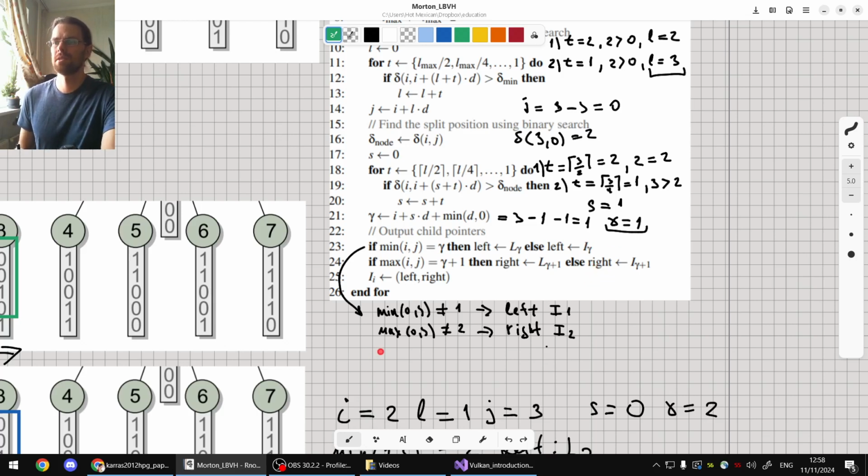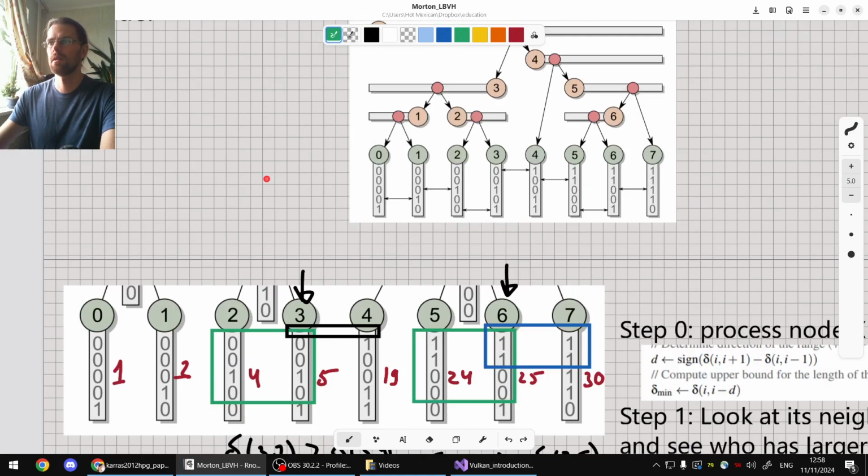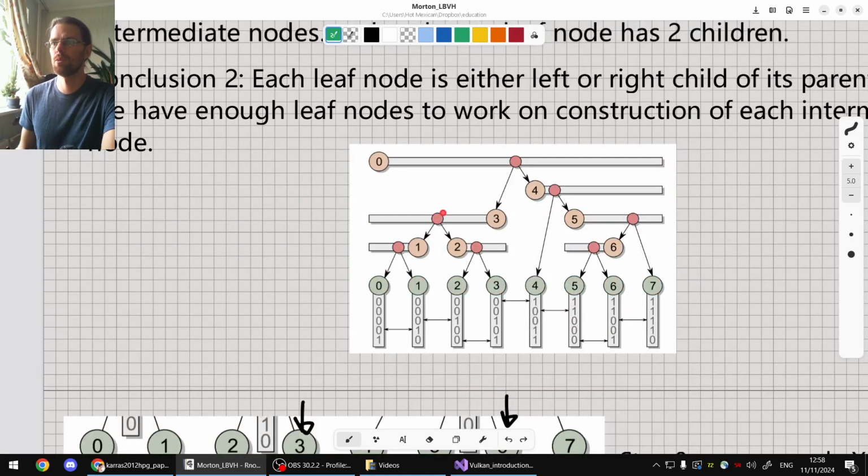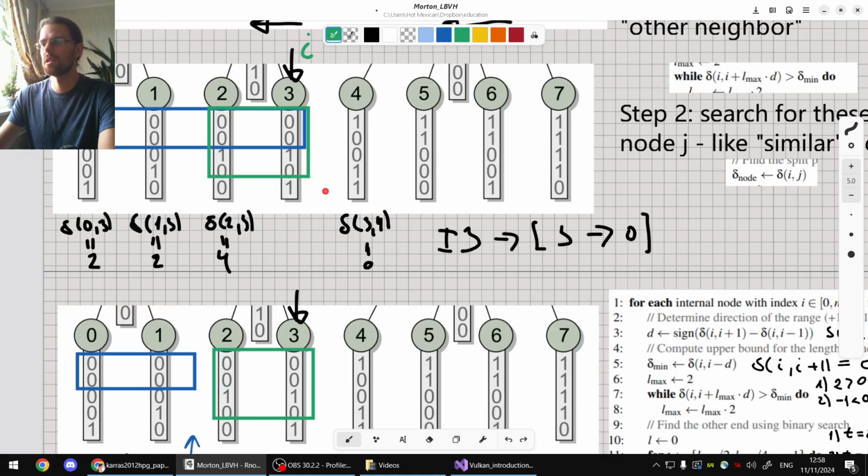But then if you just test these if-else comparisons, you will see that node 3 has a left intermediate 1 and a right intermediate 1, which is exactly what we see here. So this part I completely don't understand. It's magic.